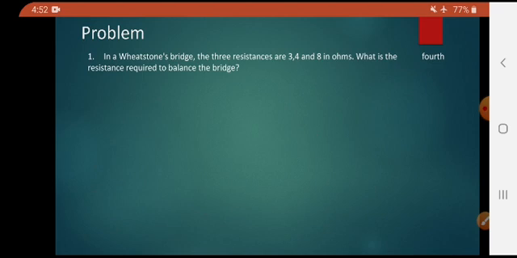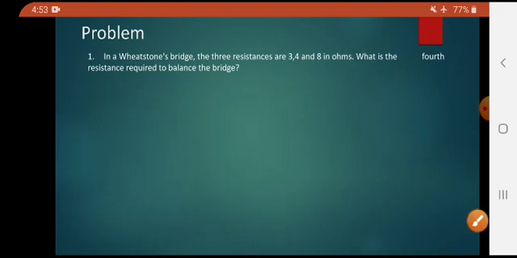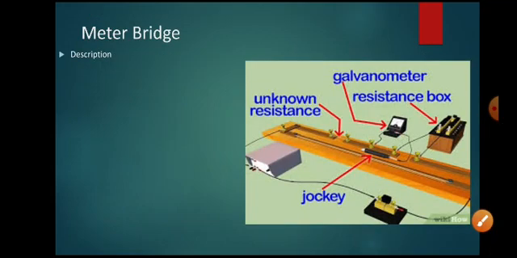You can substitute the values, then you will get the problem. So P by Q equals R by S. So P is... Right, so take the data and substitute in the formula, then calculate, and you will get the answer.